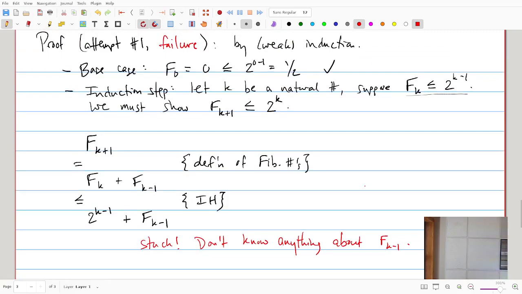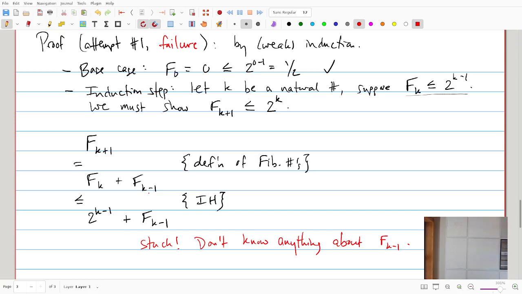All we know is that it's a natural number, right? It could be 0. And in that case, fk plus 1 would actually be f1. And this would be saying that f1 is equal to f0 plus f minus 1. It doesn't actually make any sense. So what's happening here is something that I alluded to earlier, where I said sometimes we need more than one base case.